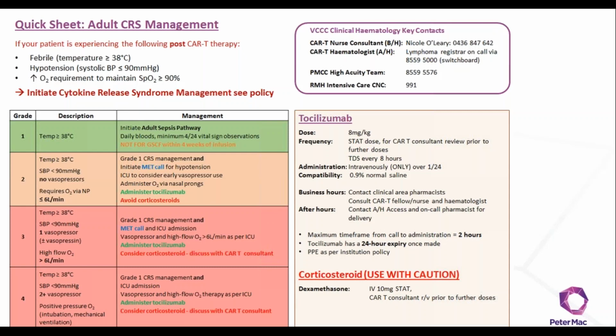So we've popped on the guide on how it's delivered, and there are a few key things that we avoid with CAR T patients. So in your top, you can see not for GCSF. There's no evidence to support why we don't give GCSF, but there's a theoretical thought that giving G would exacerbate that cytokine release.